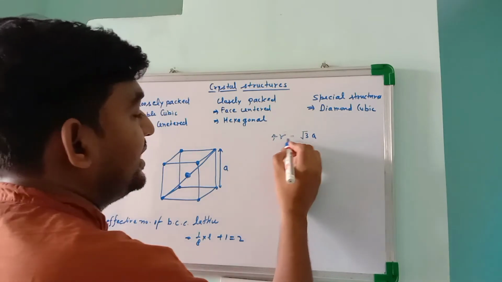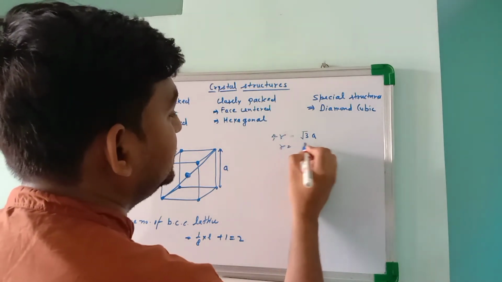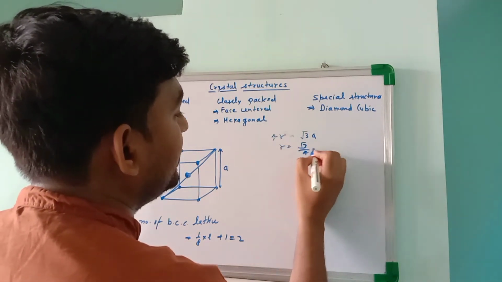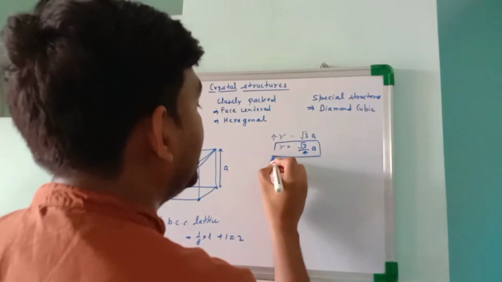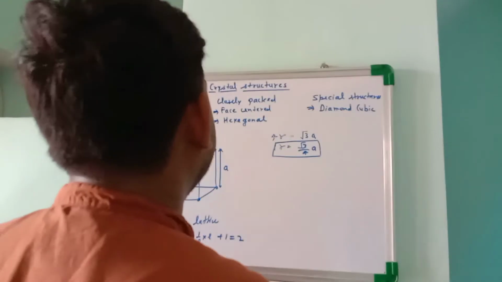Now we get the relation simply r equals root 3 by 4 a. So this is the relation between atomic radius and cube edge length.